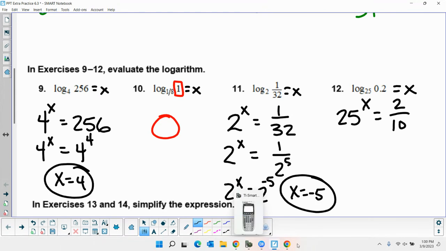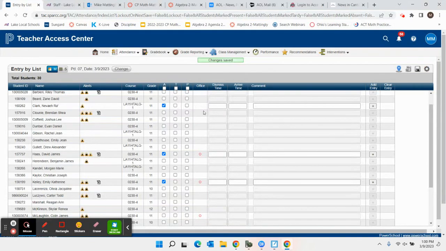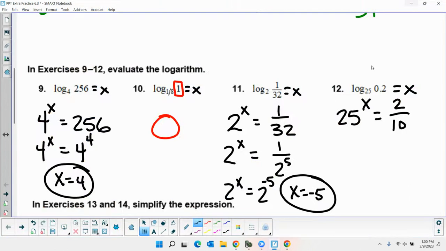So you guys understand that 0.2 is 2/10 as a fraction, right? You're going to answer me? Yes? Okay. Can I reduce 2/10? 1/5. Can I use 5 with 25? What is that? 5 squared.